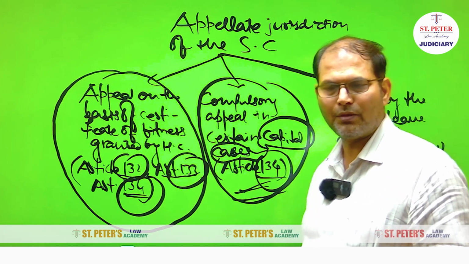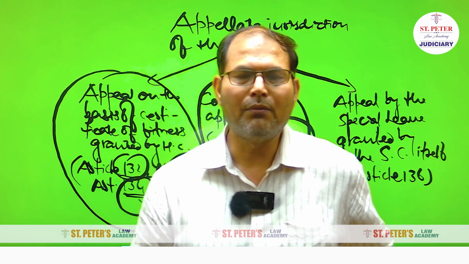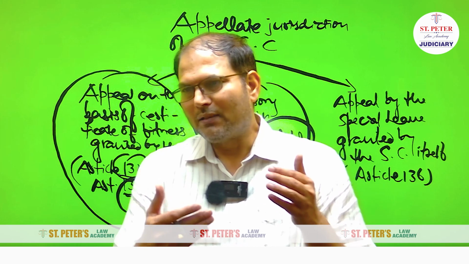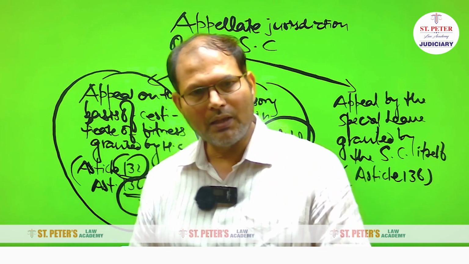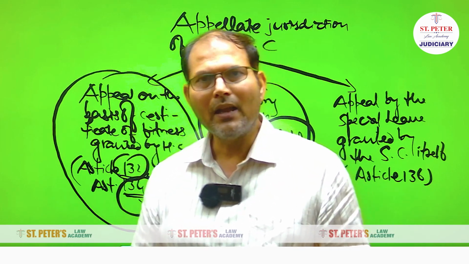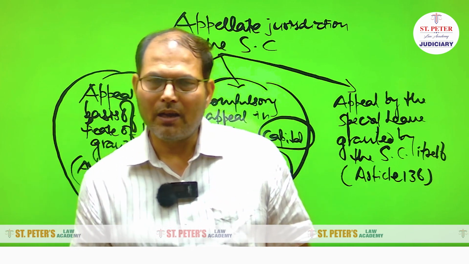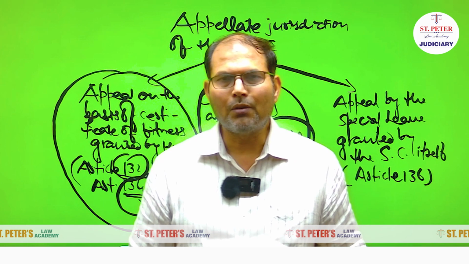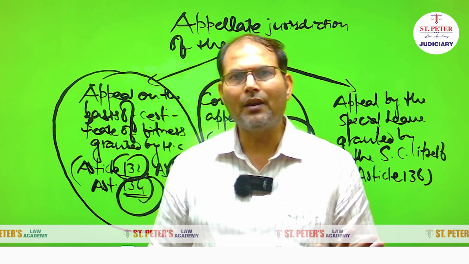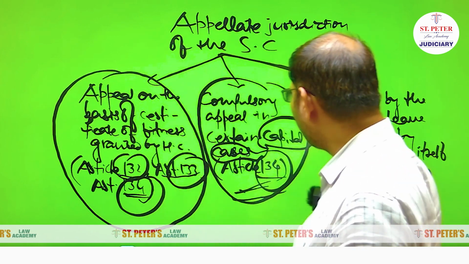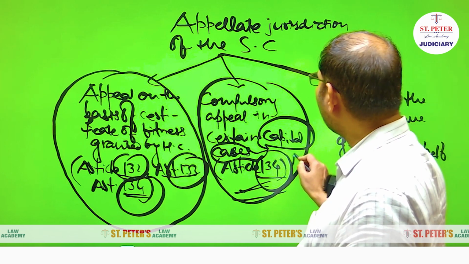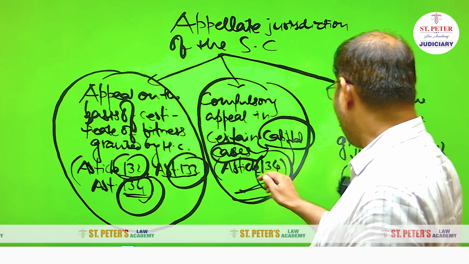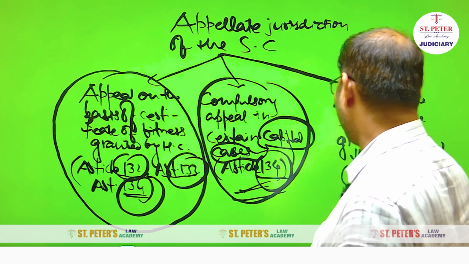As a concept of Article 134, in another scenario, if the High Court has withdrawn a criminal case from the Sessions Court or District Court, and the High Court heard the matter and without giving an opportunity to the District Court or Sessions Court, pronounced a death punishment, then over that death punishment, a person can directly approach the Supreme Court over the decision of the High Court by way of Article 134 as a matter of appeal.